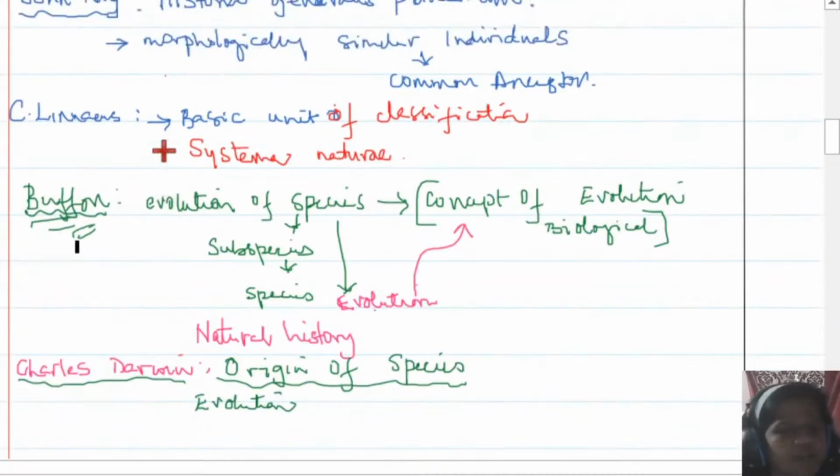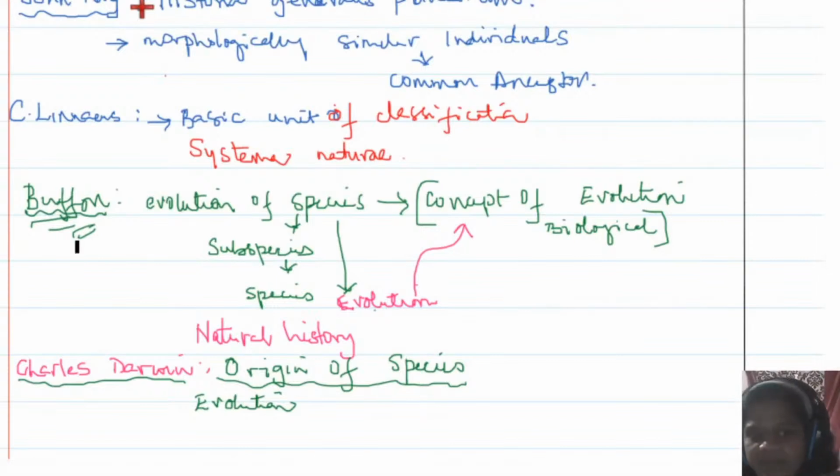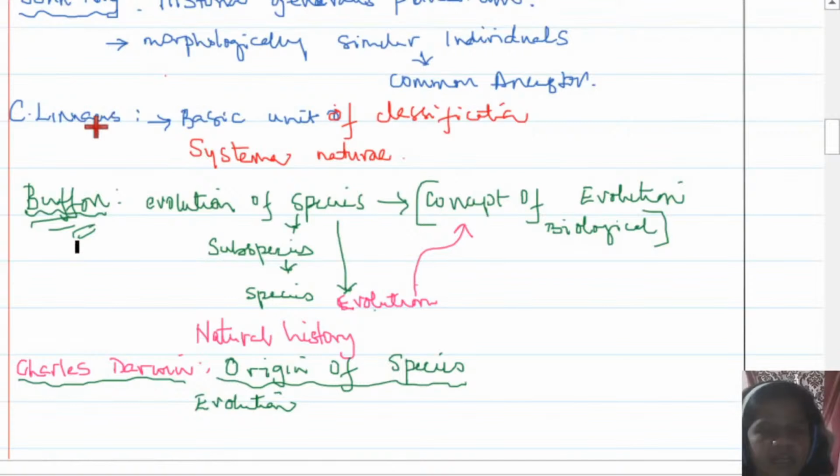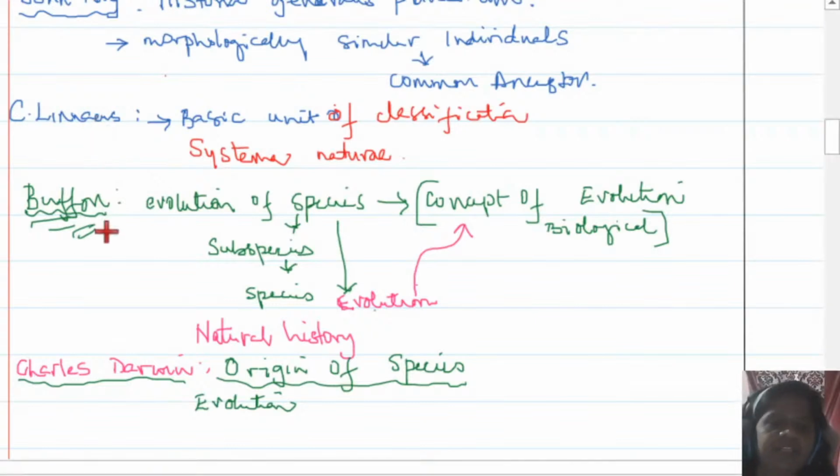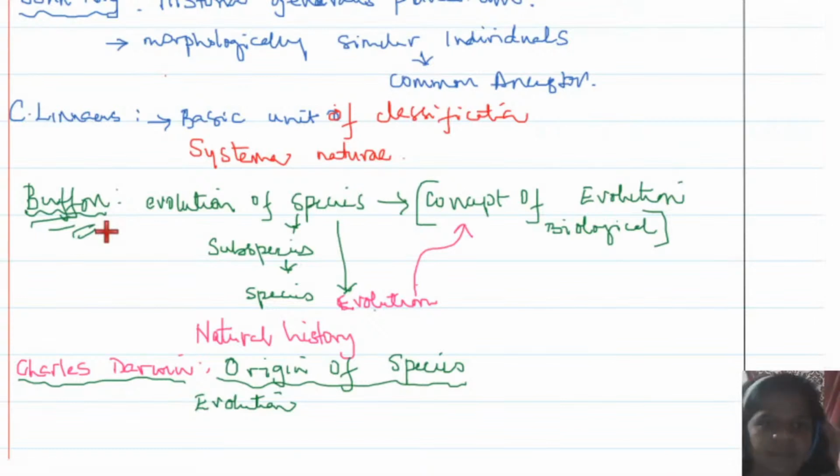Each had their own concept of species. John Ray said that species is a group of individuals having the same ancestry with morphologically similar characteristic features. Then Carlos Linnaeus said the basic unit of classification is species, and he wrote the book Systema Naturae. Then came Buffon. He wrote in his Natural History, he said that the evolution of species is what paves the way for evolution, biological evolution in general.